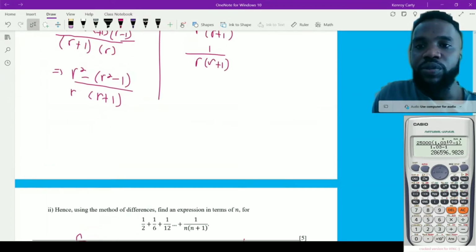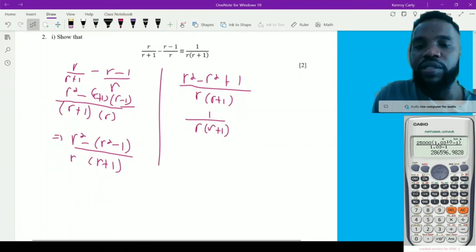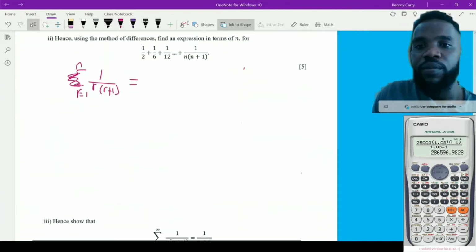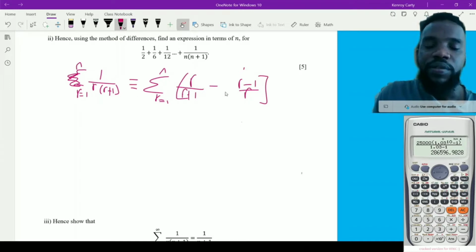Bear in mind that this would have been equivalent to r over r plus 1 minus r minus 1 over r. Alright? So this is equivalent to the sum from r equal 1 up to n of r over r plus 1 minus r minus 1 over r. So the idea is that if I can find the sum of the left hand side, I can find the sum of the right hand side as these two are equivalent.